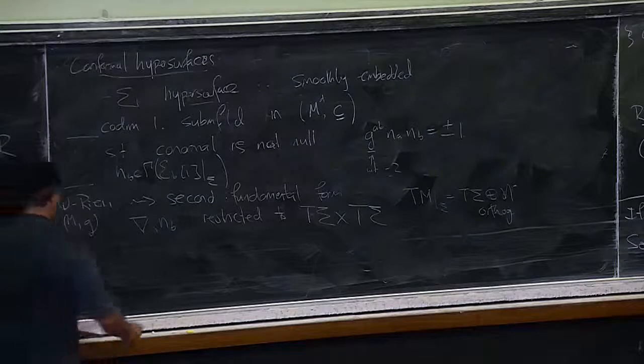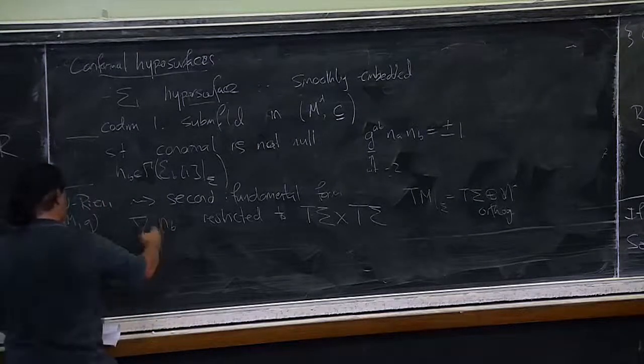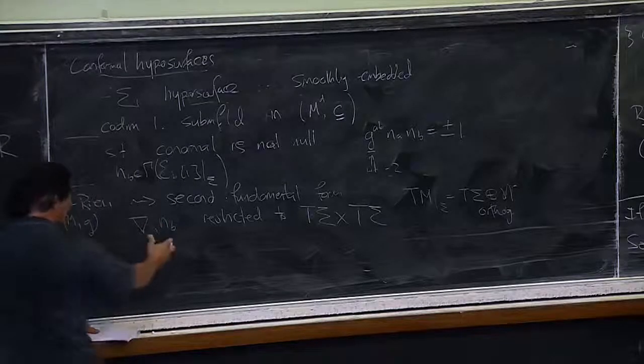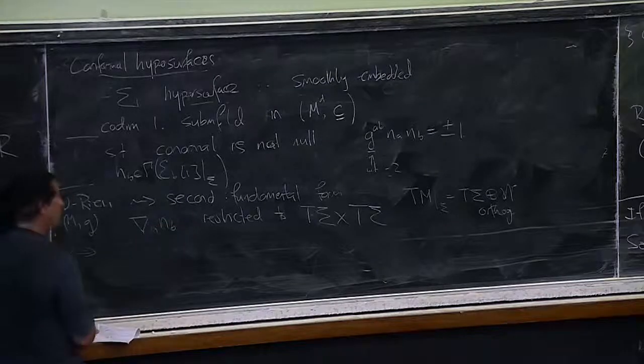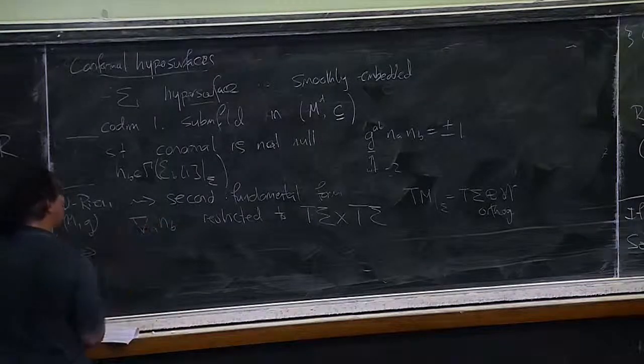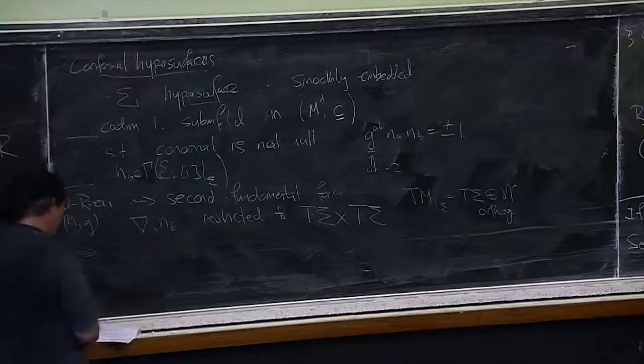And so we can make a formula by projecting orthogonally to something that takes values in the symmetric square of the cotangent space to the hypersurface.